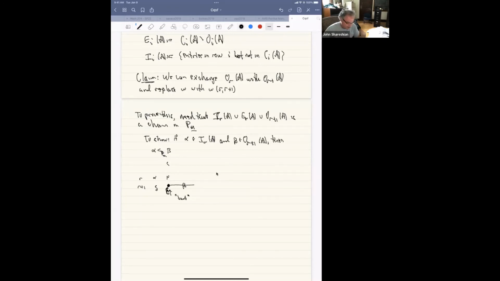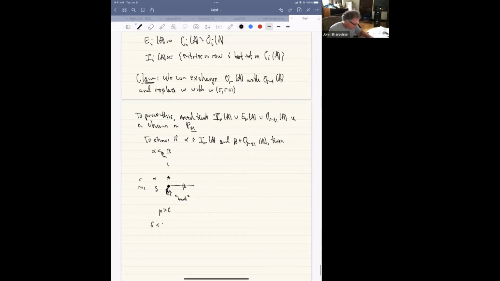Well, what do we know? This thing here is bad. So we know that mu is greater than epsilon. We know that delta is less than epsilon, which is less than beta. So here's a chain of length 3.